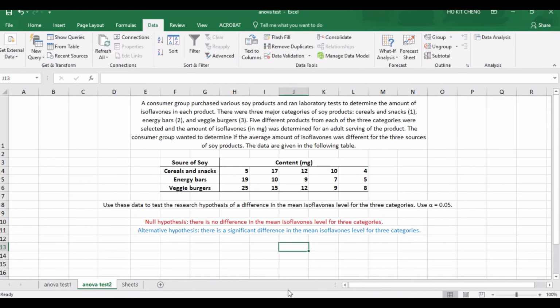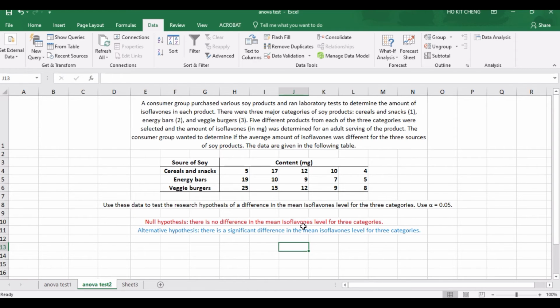Okay, let's see one more example. If you remember, this one is exercise 2. We use the above table and show those data to test the research hypothesis of a difference in the mean isoflavor level for the three categories, and we use alpha equal to 0.05.